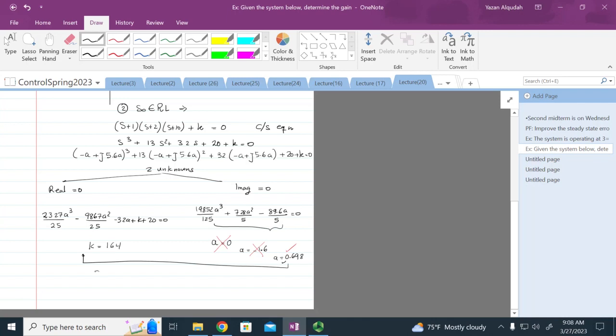And therefore, S0 is going to equal negative 0.698 plus or minus j5.6, and k is equal to 164. Is that clear, everybody?